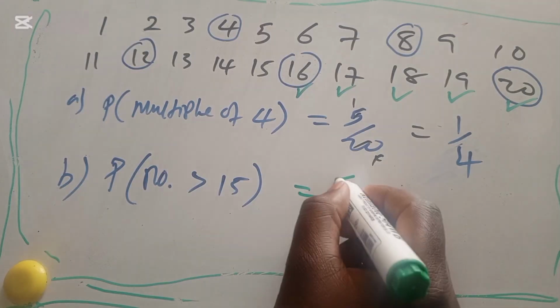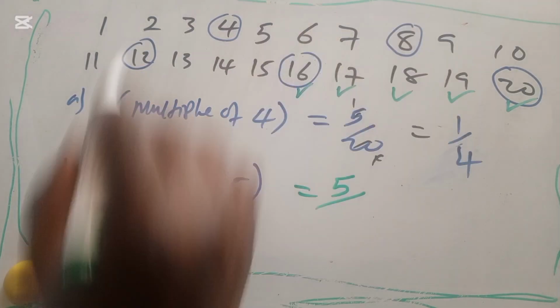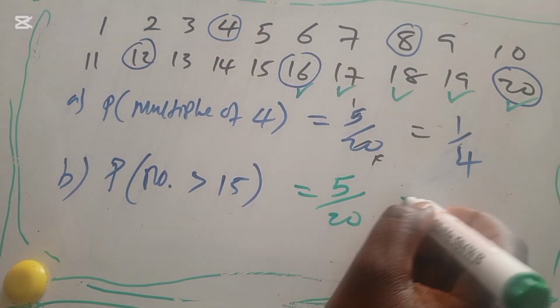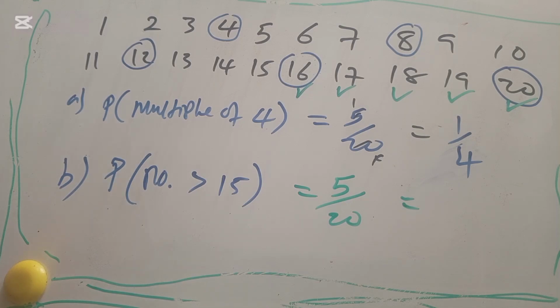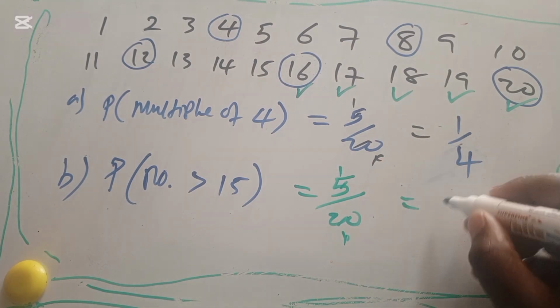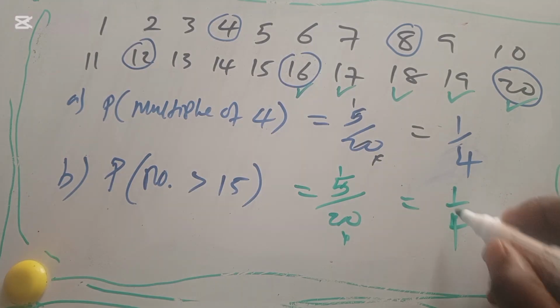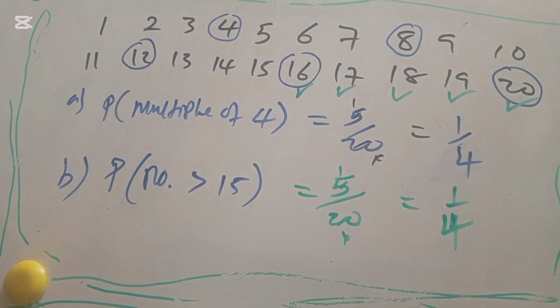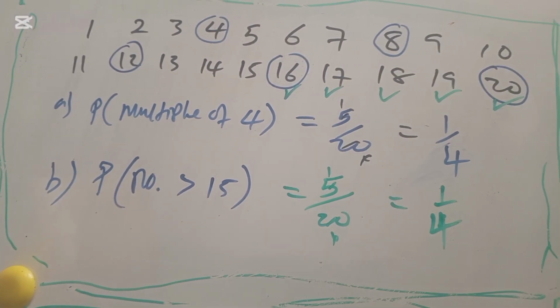You say the answer is 5 over the total number of cards you had, 20. So again, you divide by 5, 1 by 5, 4. The answer is 1 over 4. So that is how you handle questions on probability.